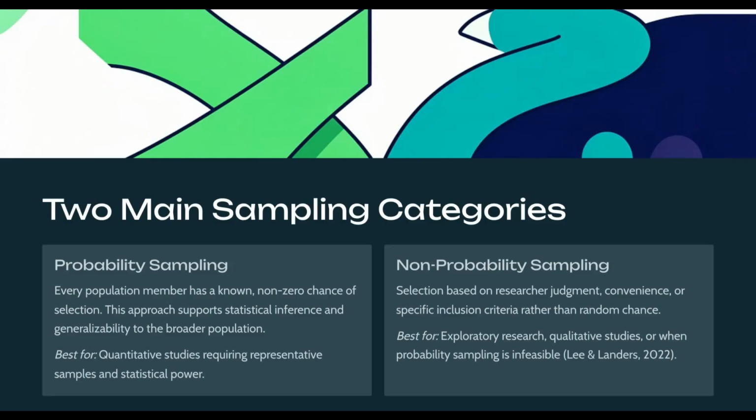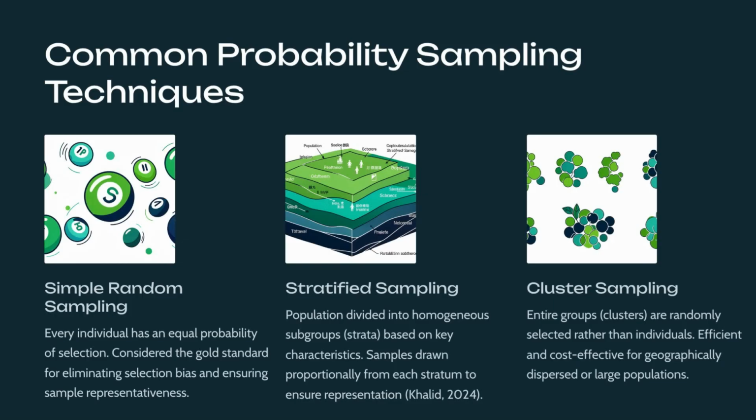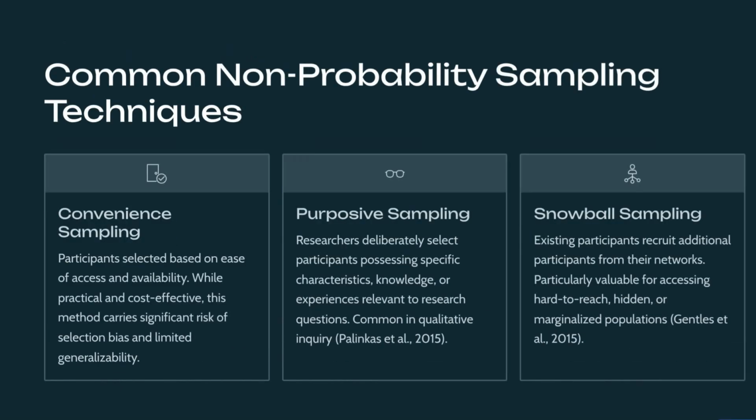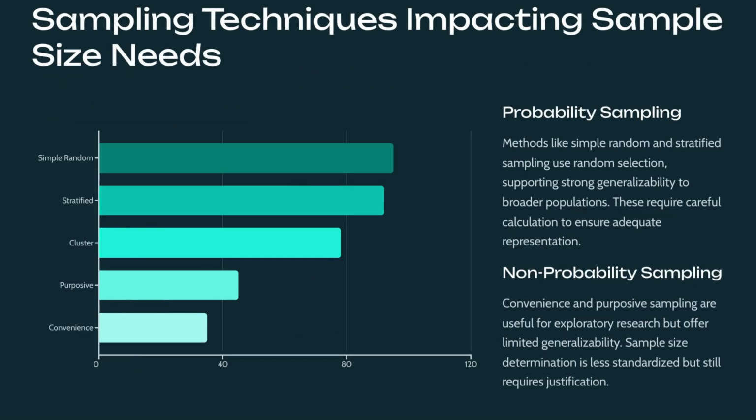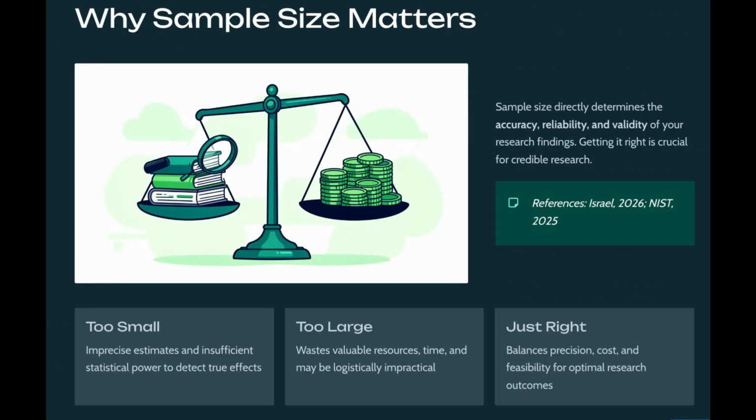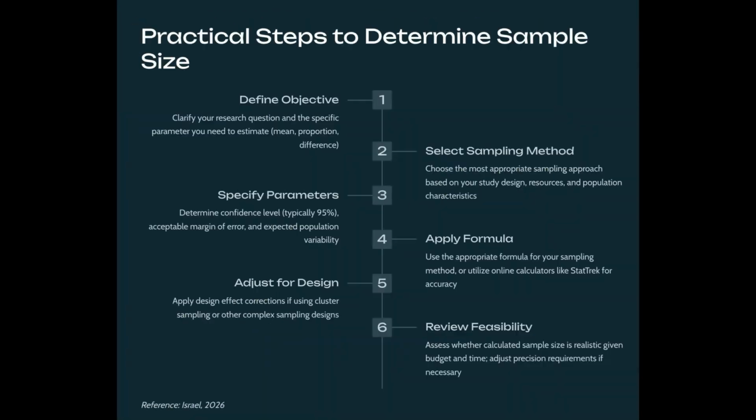Common sampling techniques include random sampling, stratified sampling, convenient sampling, purposive sampling. Sample size directly impacts statistical power. Too small, and results may not be reliable. Too large, and resources may be wasted. Careful planning at this stage strengthens validity.